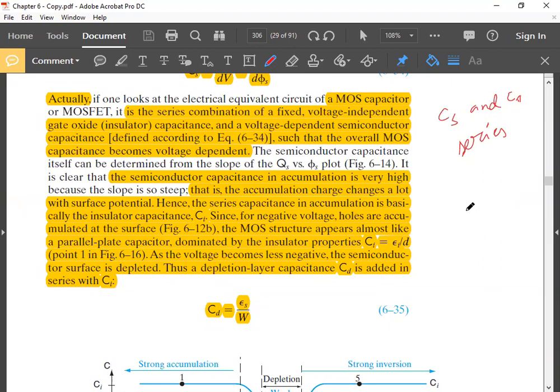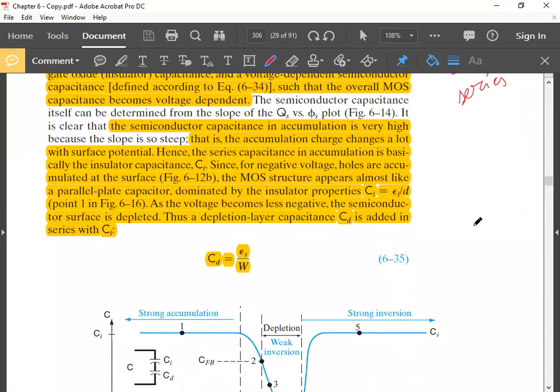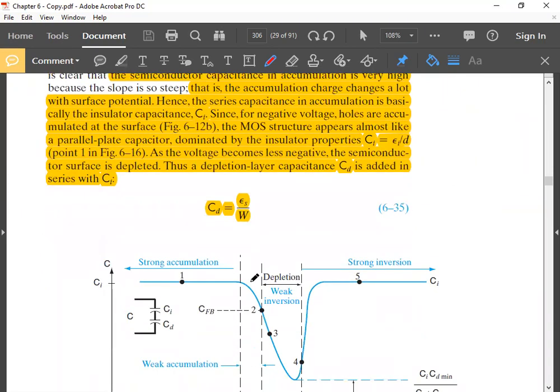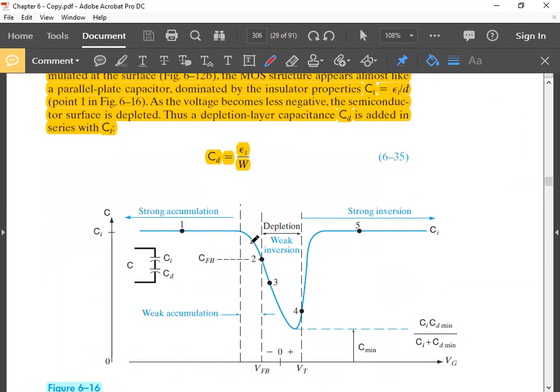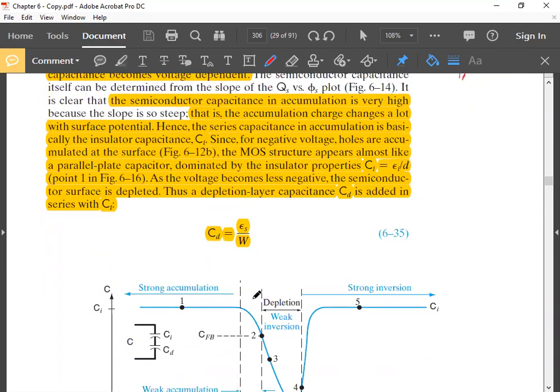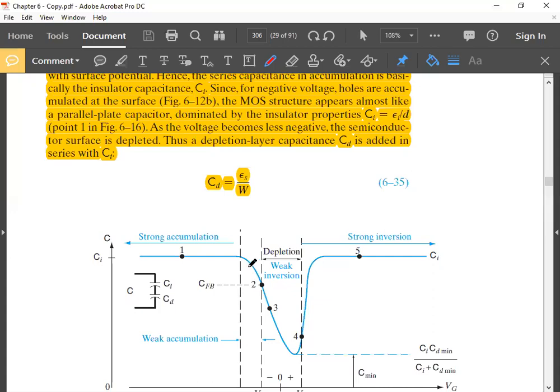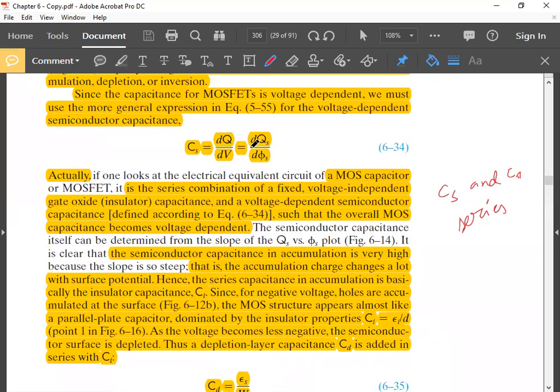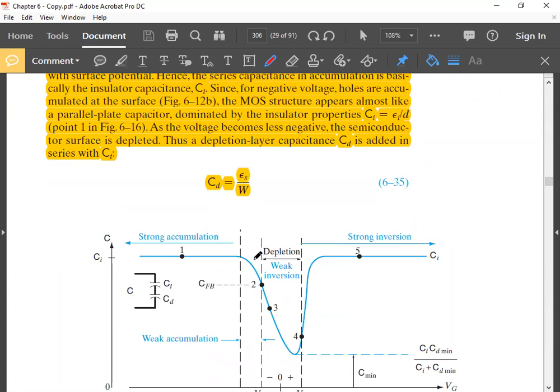Slightly reduced, right? 1 ohm parallel with say 50 ohm, even more reduced, right? Same thing is happening here. For weak accumulation, the number of holes in the accumulation layer is smaller. Only a few holes are there. So the change of dQ d phi becomes slightly smaller, and the equivalent capacitance also decreases a little bit.